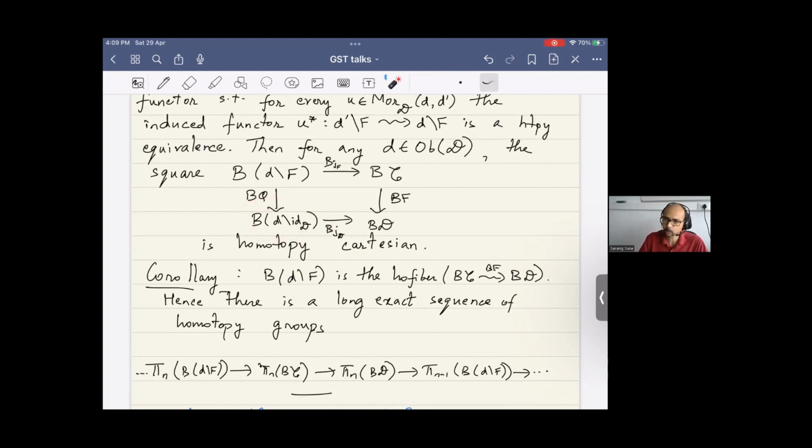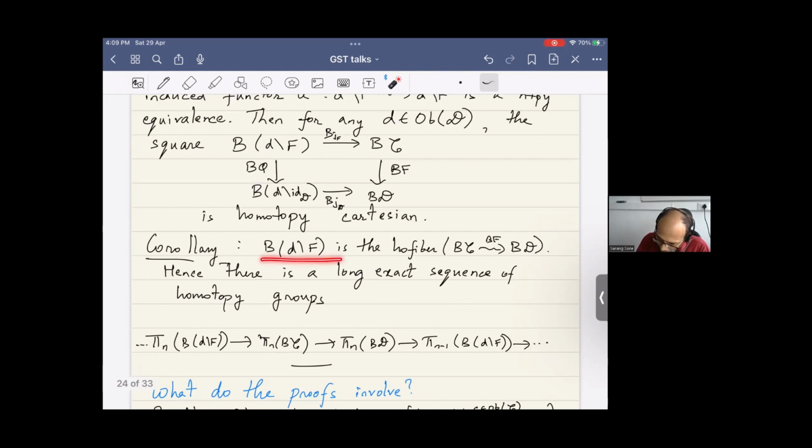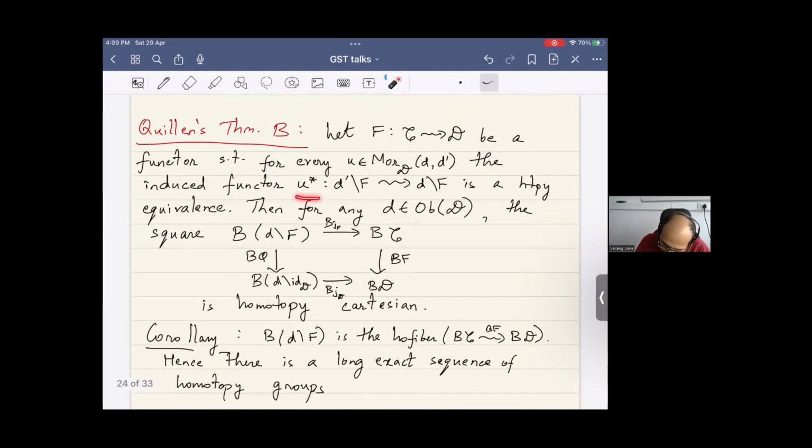That's what we saw in the previous page, and as an immediate consequence, this is the homotopy fiber of BC to BD. So essentially, Quillen's theorem B is identifying for us the homotopy fiber, provided this hypothesis holds.